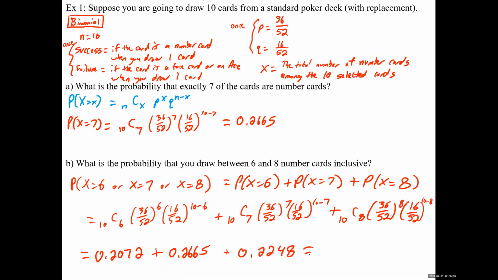And then you add all these up. And the answer is 0.6985. Questions? Okay, and again, it doesn't get much harder than that. If you understand part B, let's go to the next one.